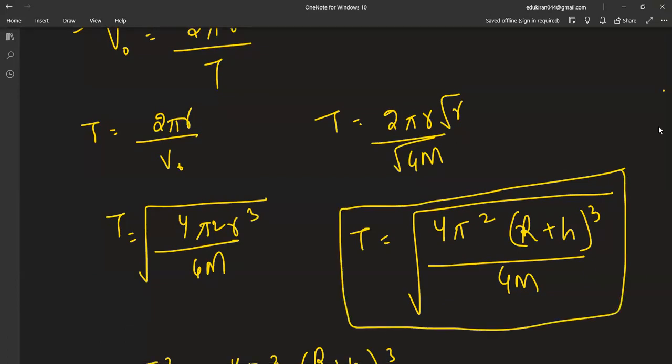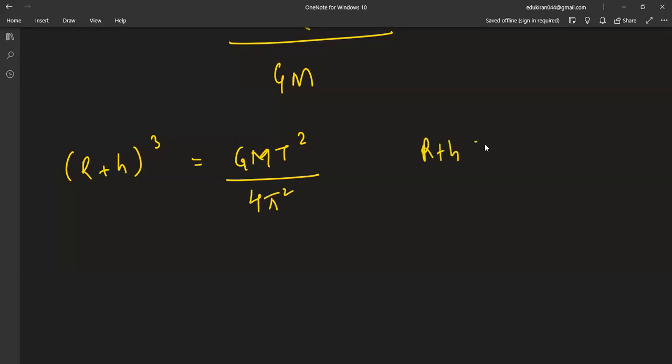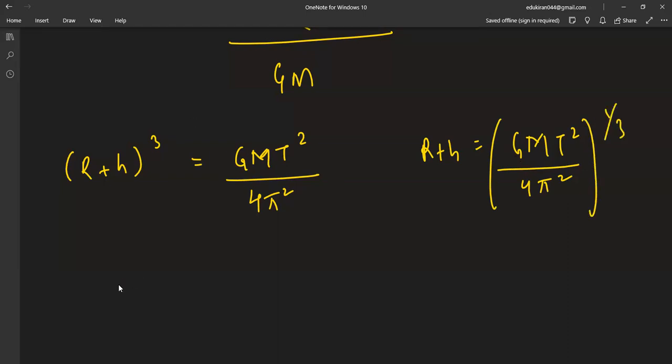This is the answer, but we will not stop here. We have to find out height also. So for that, I'm writing this r plus h whole cube equal to GM T square divided by what was left? 4 and pi square were left. So r plus h will be equal to GM T square by 4 pi square to the power 1 by 3, because this is cube root over here.